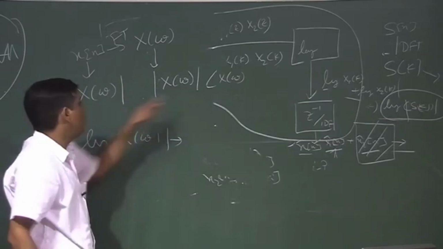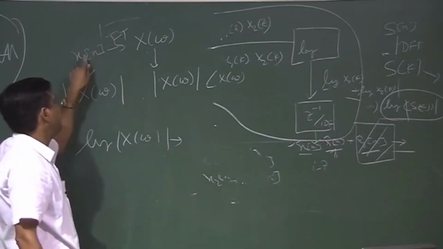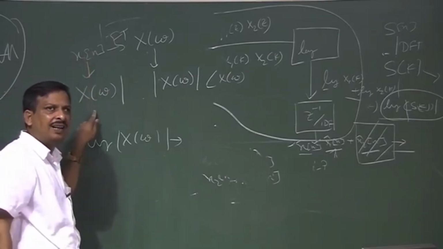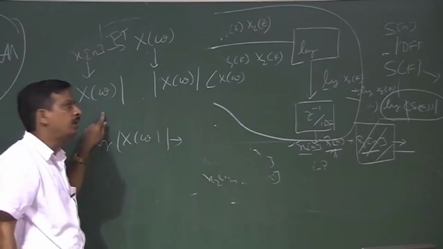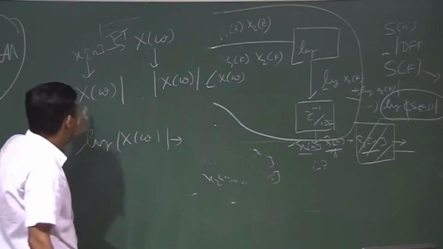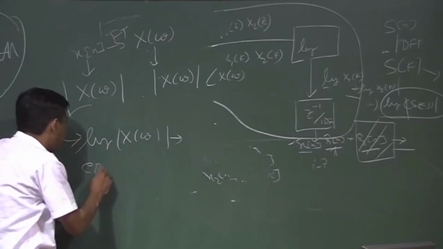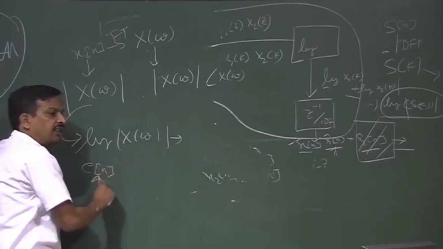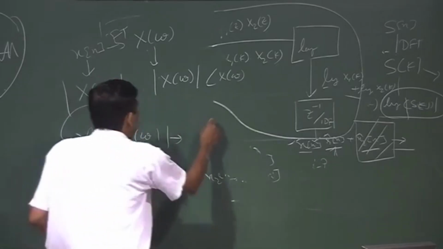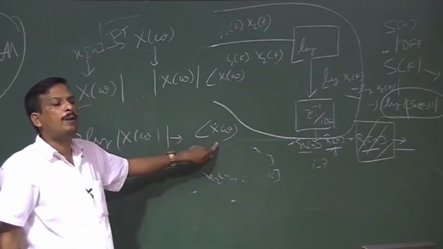So if x n is real, the mod part is nothing but real, so it is an even function. If I take the log of this part, whatever spectrum c n I get is nothing but the even part of the signal, and the angle of that part, which is the complex part, is nothing but the odd part of the signal.